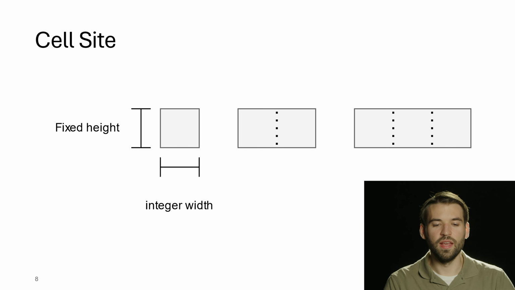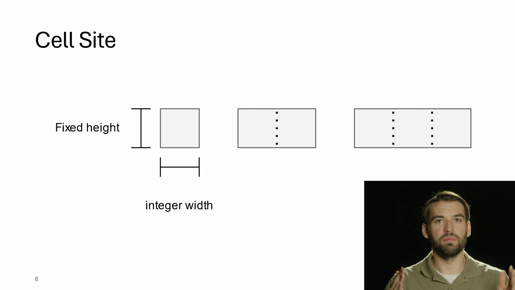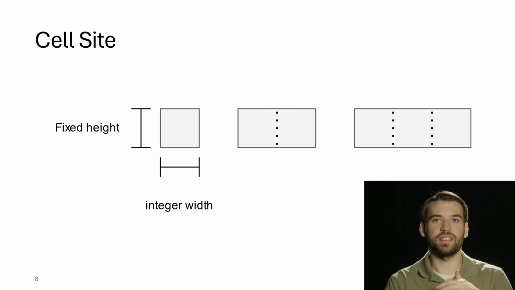As a brief addition, I want to also talk about some objects related to placement, which is where instances are allowed to be placed on the chip. When masters are designed, they're generally designed such that they have a fixed height and an integer multiple width. The reason for this is that they can stack together nicely, almost like Lego bricks.